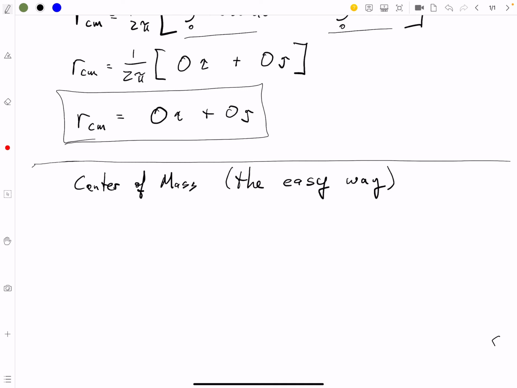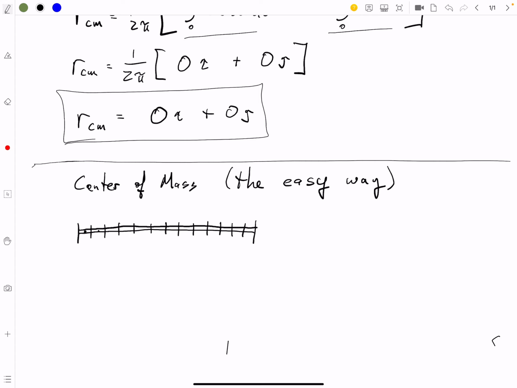let's say we have an object. Okay, we've got some object, it's this long, and it has an extended body, but it's all in the x-axis, and we can cut it up into little sections. If you're going to cut it up into little sections, you want to cut it up into equal sections, okay?